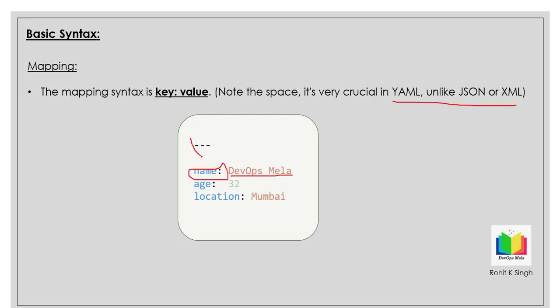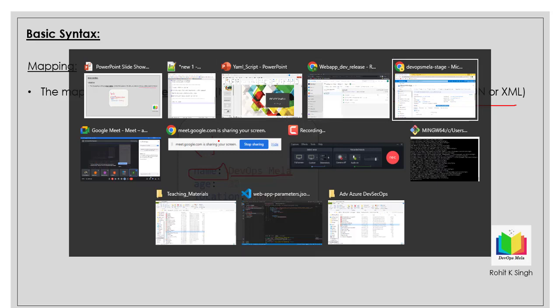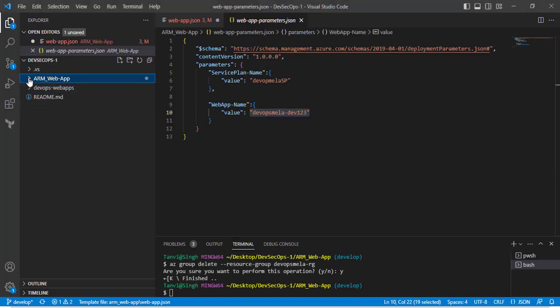These 3 dashes: whenever you write any YAML file, you will find these 3 dashes at the top. Now, are these dashes compulsory? The answer is no. Why? Let me go back to Visual Studio. Do we have VS Code? Yeah. Assume I'm creating a YAML file over here.